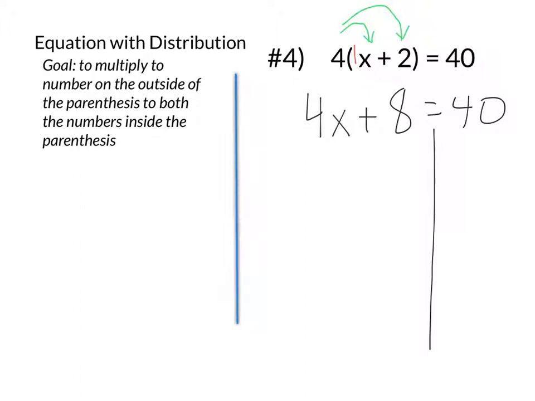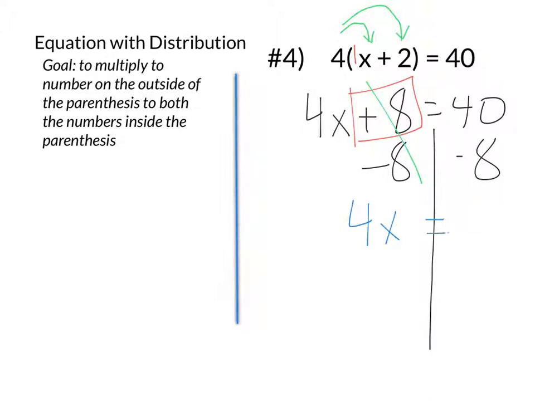Once again, I have a plus 8, and I want to get rid of that number. So what do I have to do? Well, if I have a plus 8, I have to subtract 8 from both sides. A plus 8 and a minus 8 cancel each other out, and I'm left with 4x equals 32.